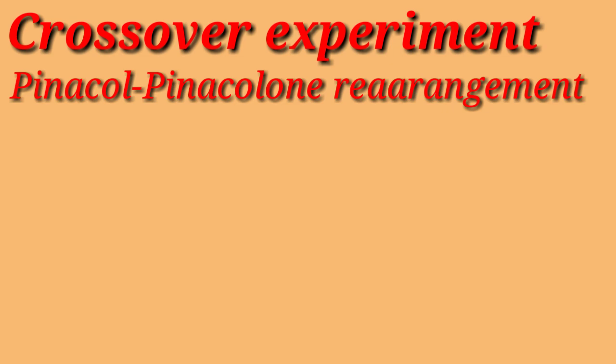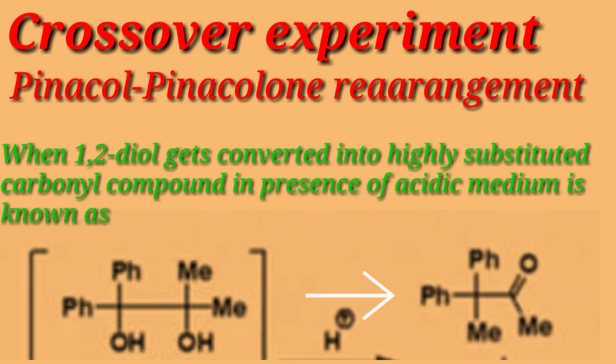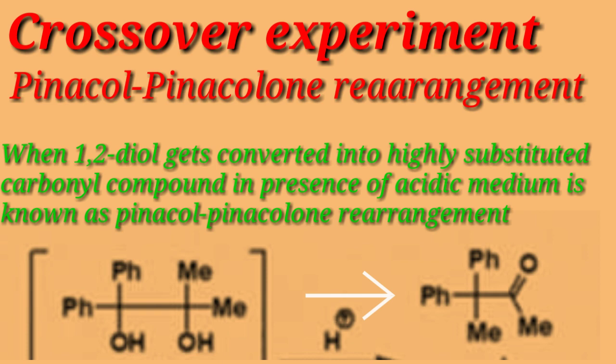We shall understand the importance of crossover experiments by considering the example of pinacol-pinacolone rearrangement. When a 1,2-diol gets converted into a highly substituted carbonyl compound under acidic condition, it is known as pinacol-pinacolone rearrangement.